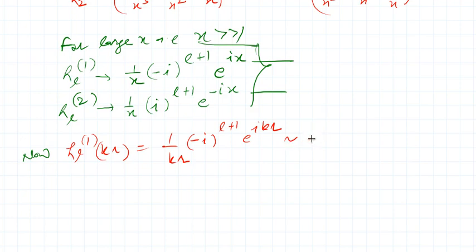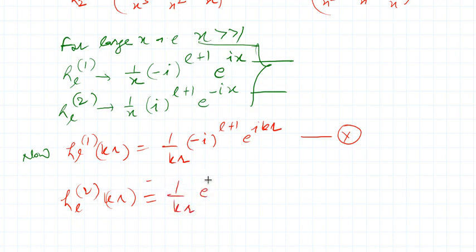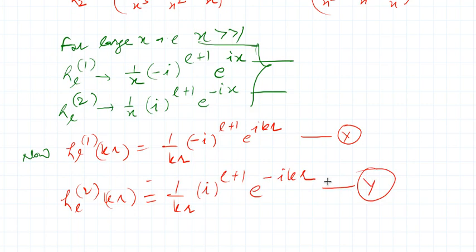Let me call this equation number x. And HL2 can be written as, when in place of x here it is sitting kr, 1 over kr times iota raised to power L plus 1 and e raised to power minus iota kr, and let me call this equation number y.